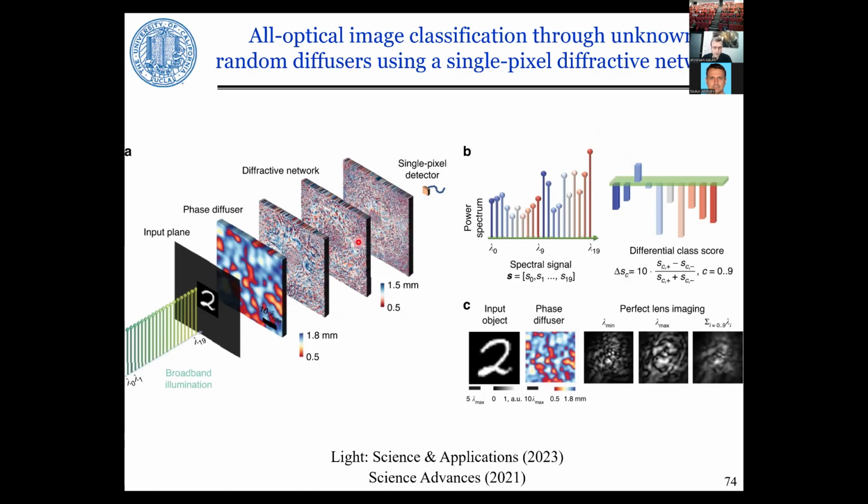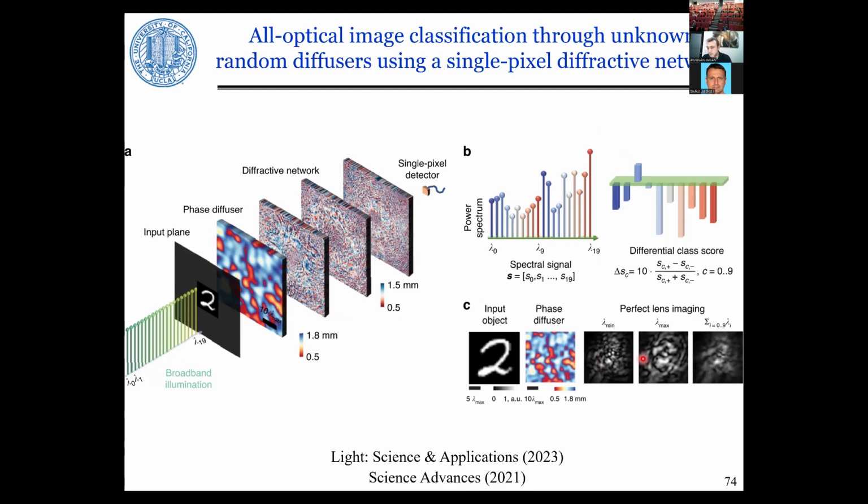In a follow-up work, we've actually transformed this system into a single pixel classification system in the presence of a random diffuser. Here, the idea is to take the spatial features of unknown objects of different classes and convert them into spectral fingerprints coming from a single pixel detector. This way, we built resilience against the changes of the phase diffuser.